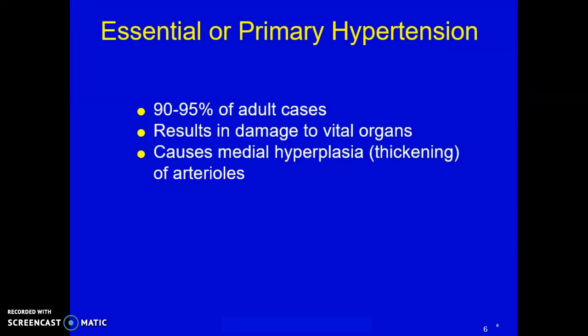Over time, having severe primary hypertension can result in damage to the vital organs. When you think about patients whose blood pressure you're checking, probably 90 to 95% of adult cases are going to be in this category. We'll also talk about secondary hypertension in a minute, but the rest of the types of hypertension would be in that category.